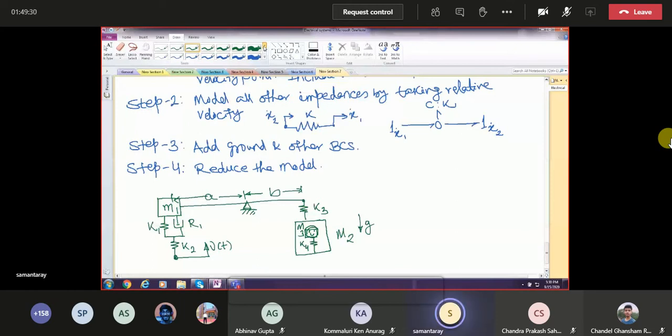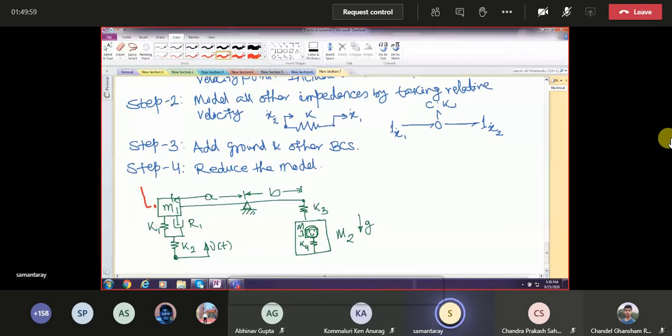Add velocity points. One velocity point we can add here. Let this be x1 dot. Then we add another one here, let this be x2 dot.